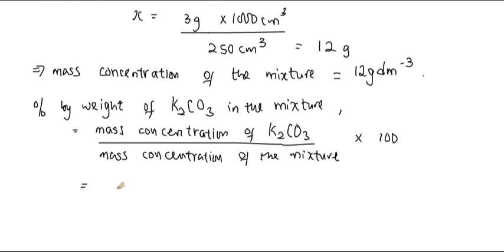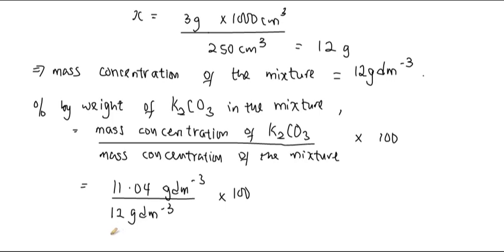Mass concentration of potassium carbonate, from the previous calculation, we've gotten to be 11.04 grams per dm cube, divided by the mass concentration of the mixture, which is 12 grams per dm cube, multiplied by 100.